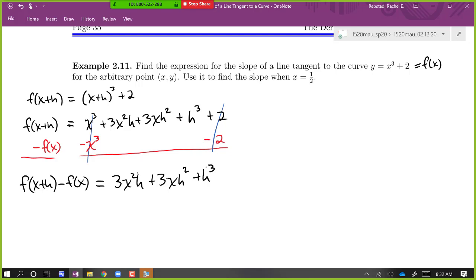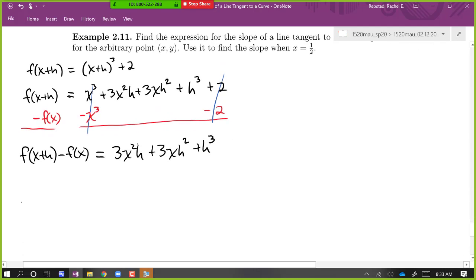So anytime it's just a polynomial that you're working with, by the time you find f of x plus h minus f of x, every term should have an h in it. If I had a term that didn't have an h, like a constant term or a term with just x's, that would be a sign to me that I made an algebra mistake somewhere. If what you're working with is a polynomial, when you find f of x plus h minus f of x, every term's got an h.